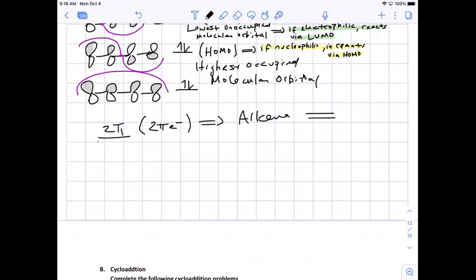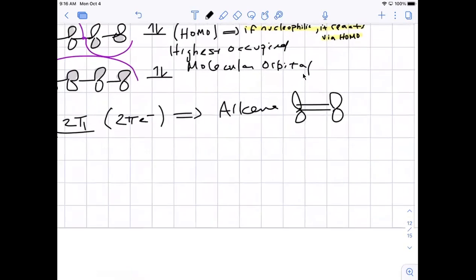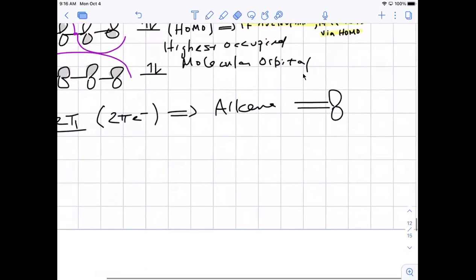How many p orbitals would you have there? One. Wait, okay. You got 1 on each carbon. So 4 or 8? No, not in this case. Look at the double bond.